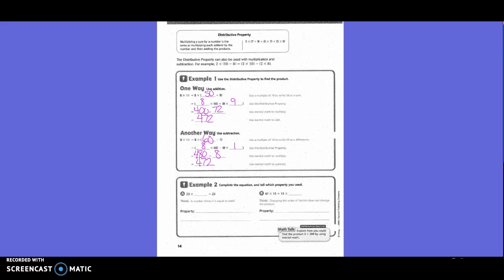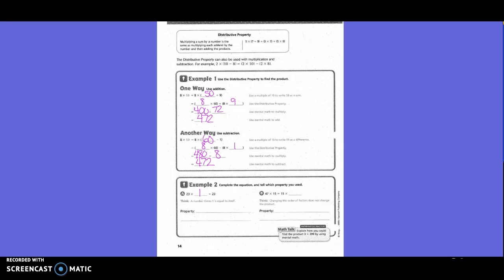Example 2, complete the equation and tell which property you use. So 23 times something equals 23. So what would it be? 1. So what type of property would we have used for that? We've either used commutative, associative, or identity, right?